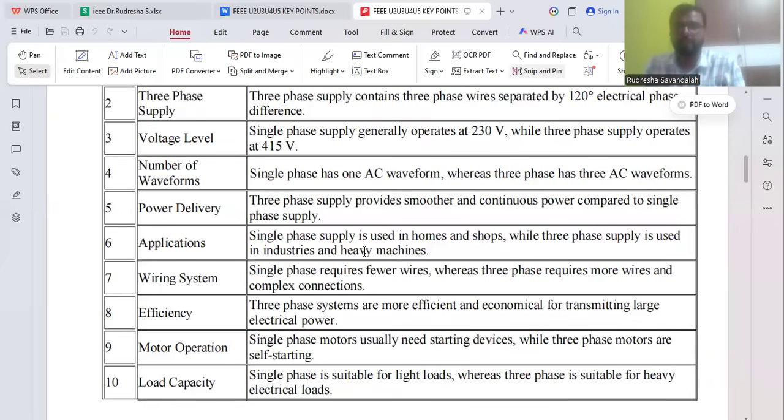In applications, single phase supply is used in homes and shops, while three phase supply is used for industrial and heavy machines.